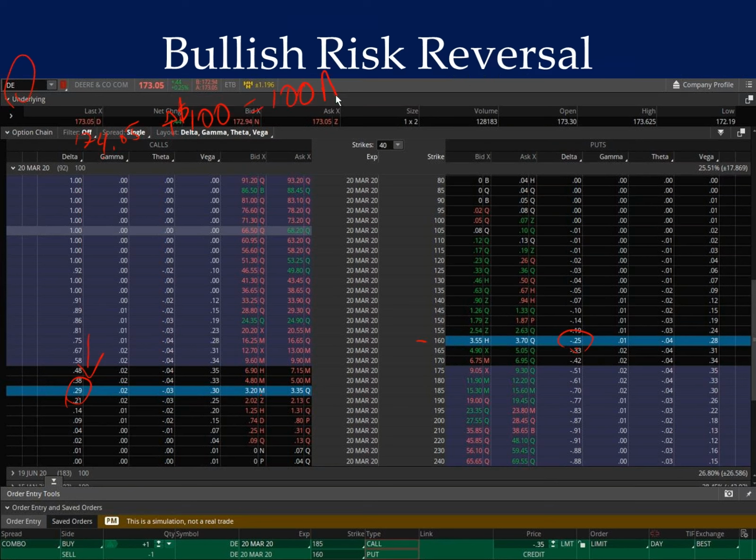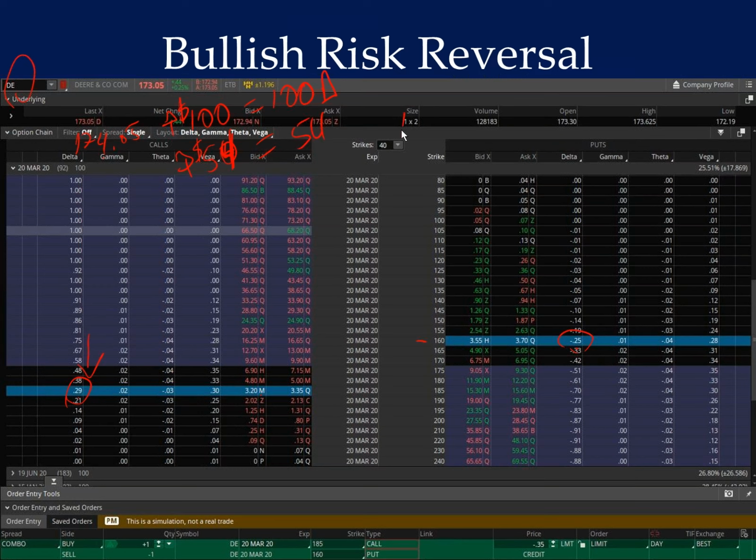Now, if we see the underlying move by $1, it only increased by $54 to be exact, because 29 and 25 is 54, right? So our position would have increased by $54. That makes it equivalent to 54 deltas or a 54 lot.